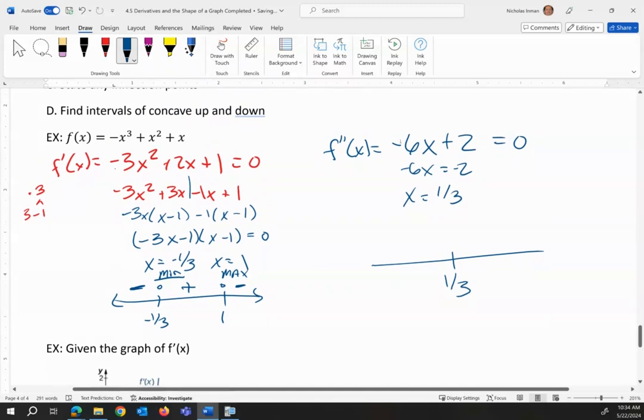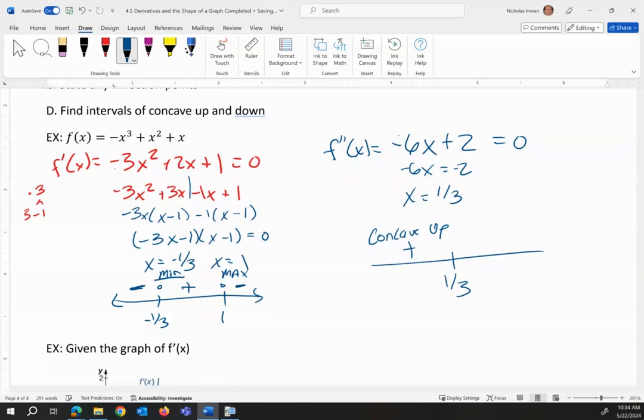All right, if I plug in a number smaller than 1/3, like 0, I am positive, so I'm concave up. If I plug in a number bigger than 1/3, like 1, I am negative: -6 times 1 plus 2, so this is concave down.